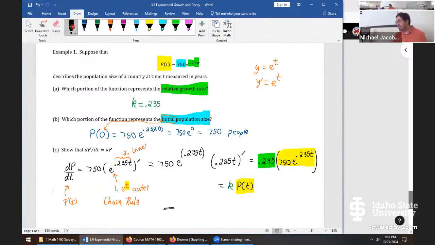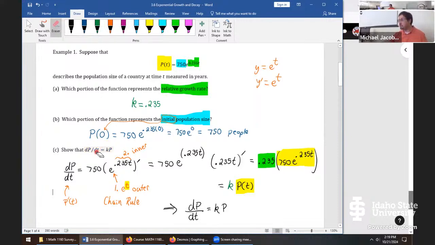All this work here implies that the derivative of p with respect to time is equal to kp. And that's what we were meant to show. The derivative of p is equal to k times p. Notice we don't put p of t right here in the red dot, but that's more of just a stylistic choice with differential equations. If you did say p of t right here, no harm done.